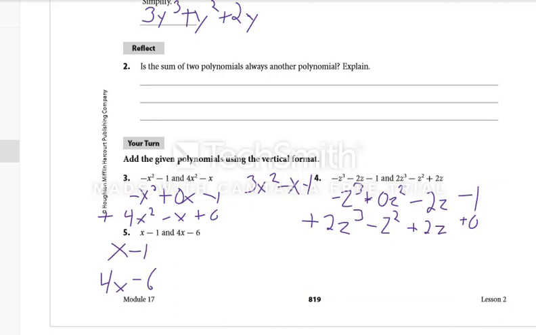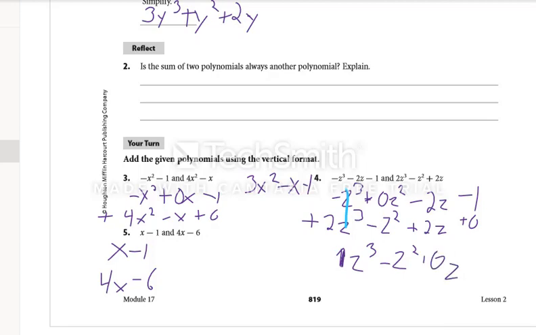Okay, so I lined these up for you. Negative z to the third power plus 2z to the third power. If we add those coefficients together, 2 plus a negative 1 makes it 1z cubed. 0z squared minus z squared is minus z squared. Negative 2z plus 2z is 0z.